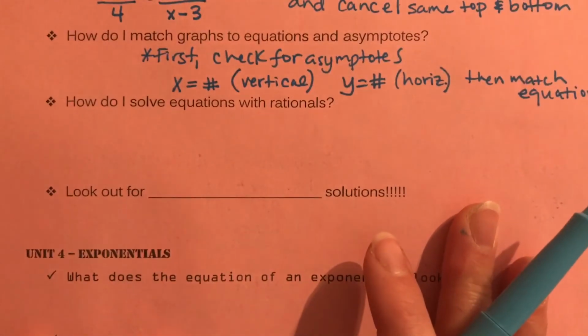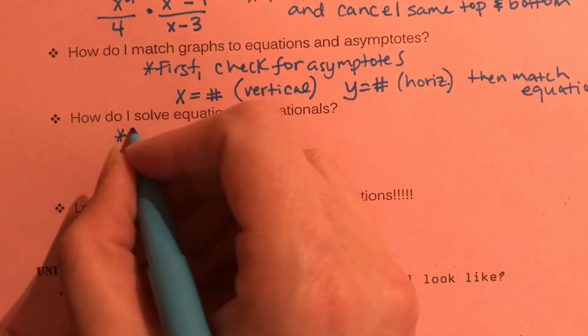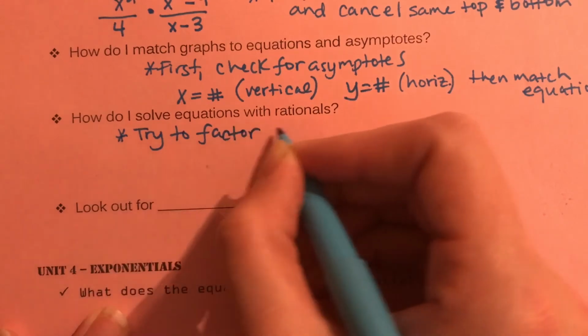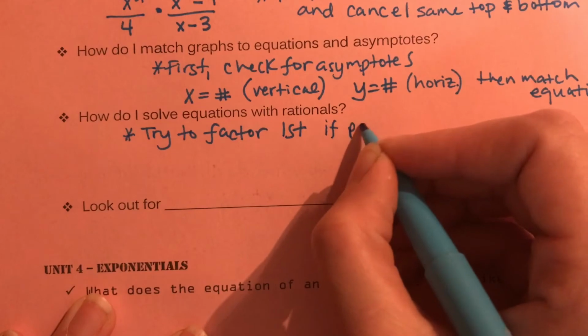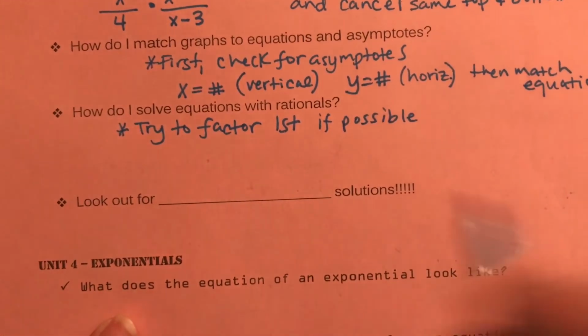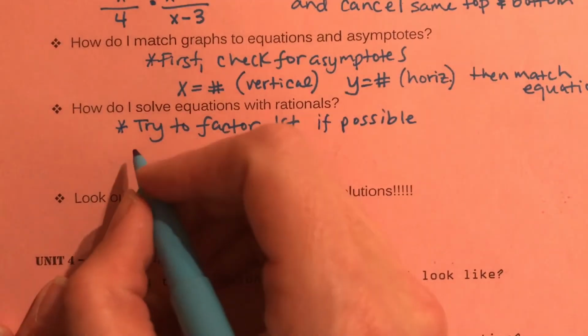We also solved equations. So the first thing we tried to do was factor, if possible. We found that if we factored, then we were able to cancel, and it made our problem a lot easier.